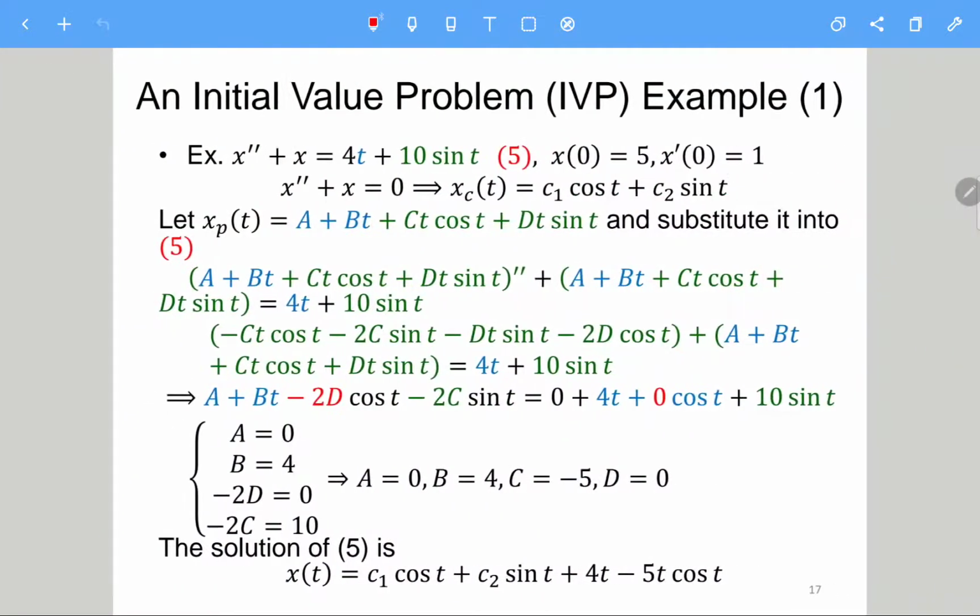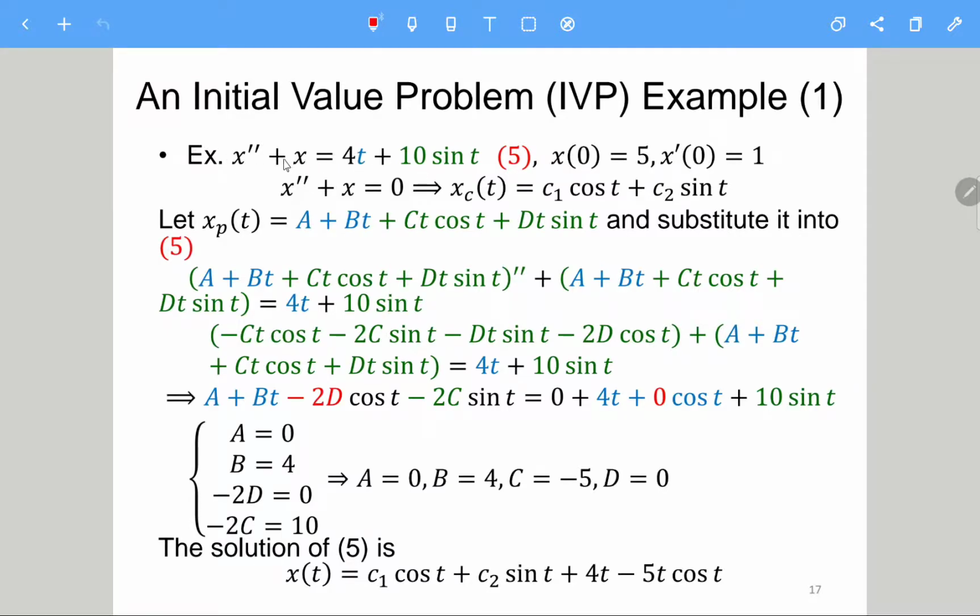Okay, so that's the glitch for the method, and we just try to fix it. Next, we talk about the initial value problem. Usually for an ODE, we would have not only the ODE itself, but also some initial values.